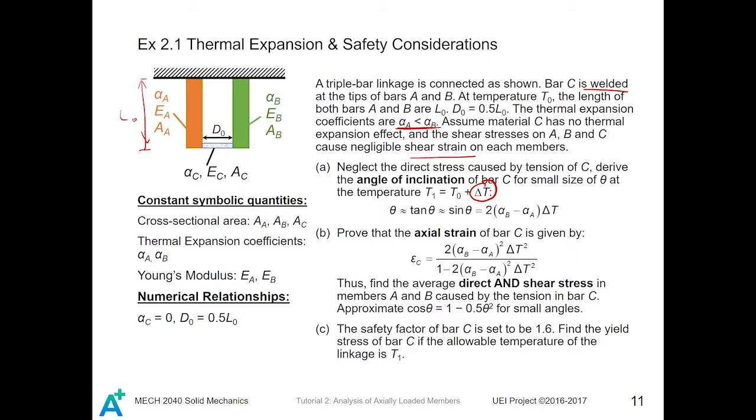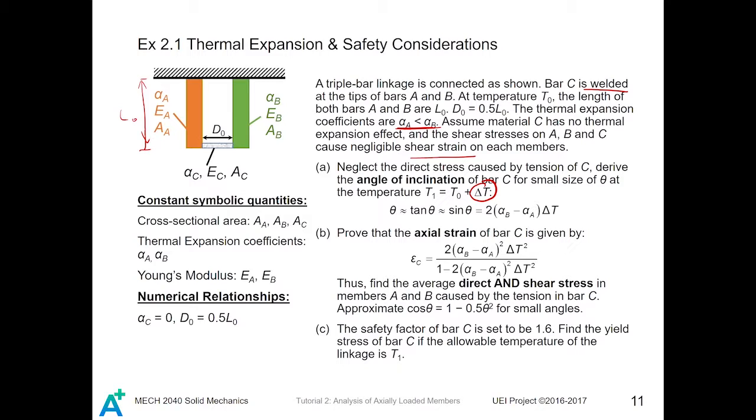I don't know whether it is positive or negative, I just tell you it is delta T. And you have to show that theta, the angle of inclination, equals tangent theta equals sine theta. Notice that it is just the small angle approximation. For small theta, you have this approximation. And derive theta equals 2 times (alpha B minus alpha A) times delta T.